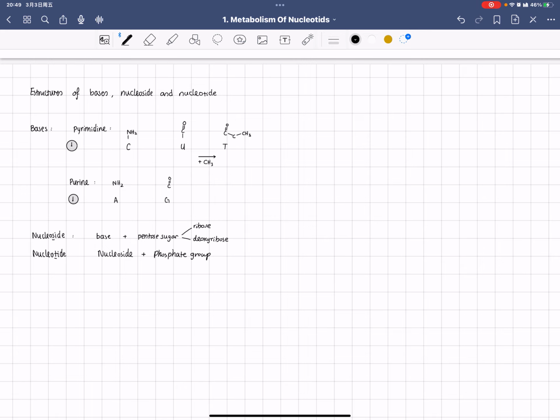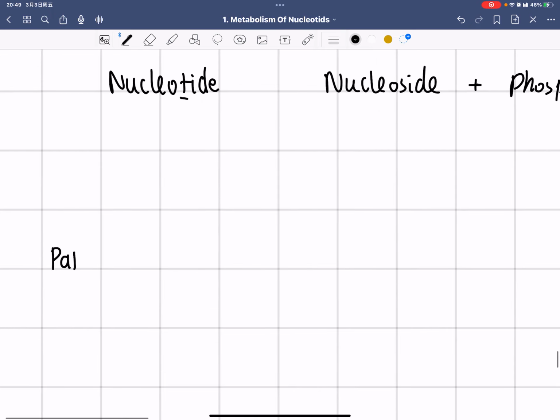And now let's move on to the 2 pathways we can use to synthesize nucleotide. First, it's called salvage pathway.